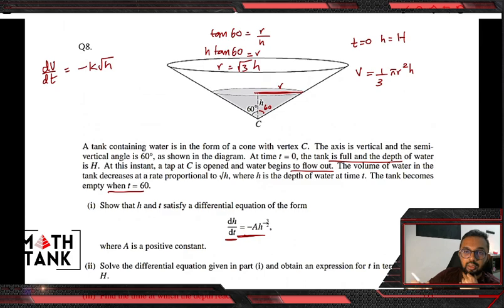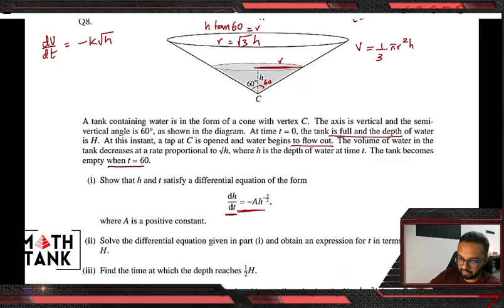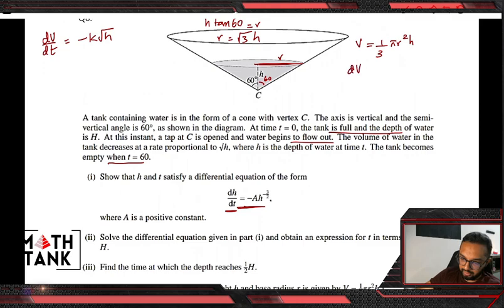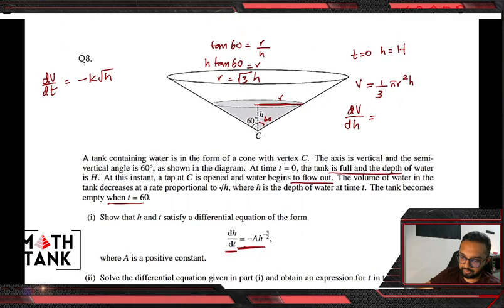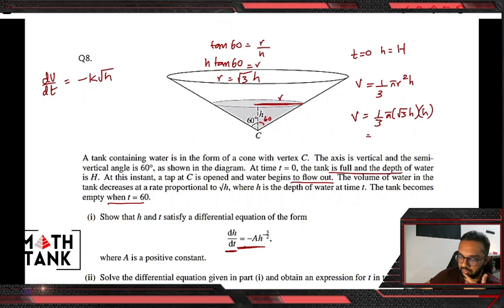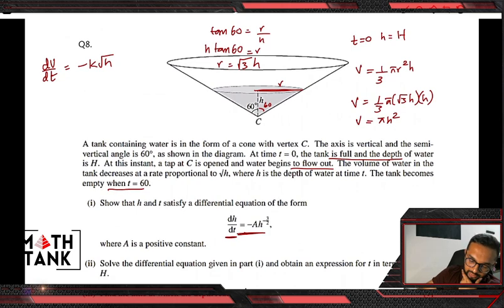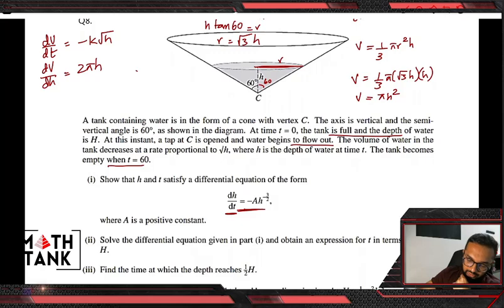At any point in time, r is root 3 h. So again, let me first replace r with root 3 h, so that V becomes pi h cubed basically. So dV over dh is basically 3 pi h squared. That makes it very simple. Then I come up with the chain rule.